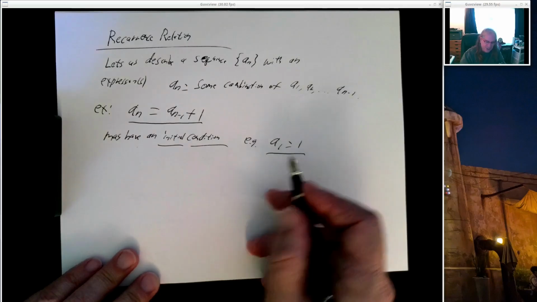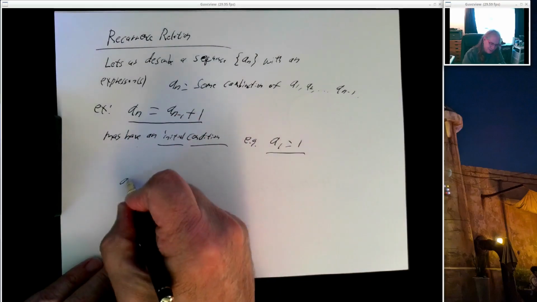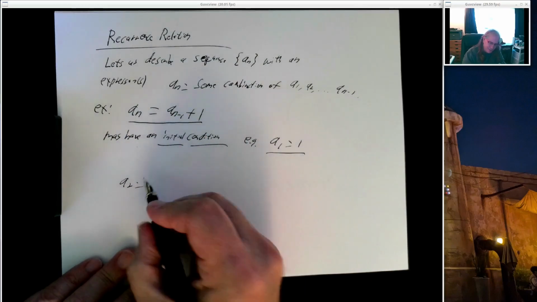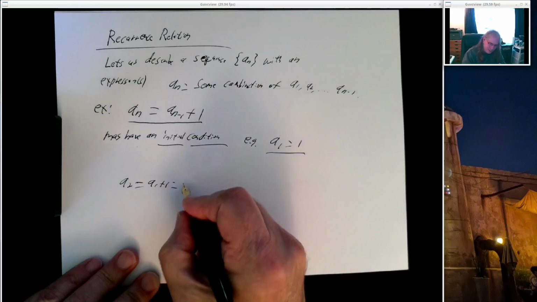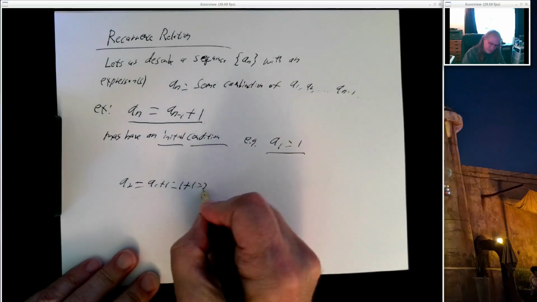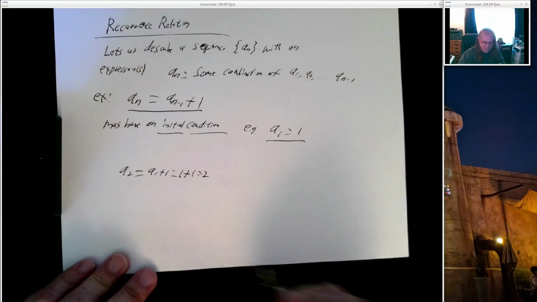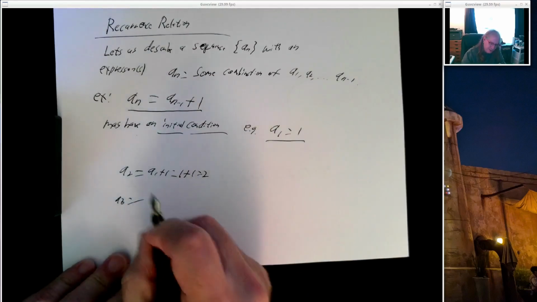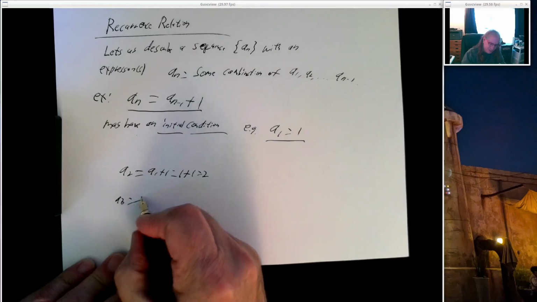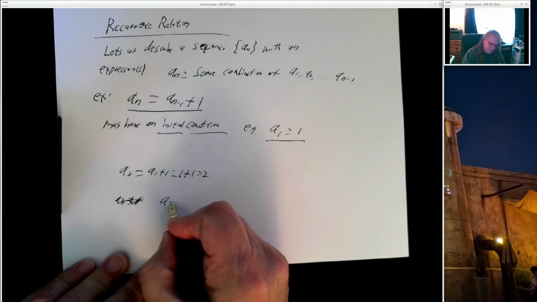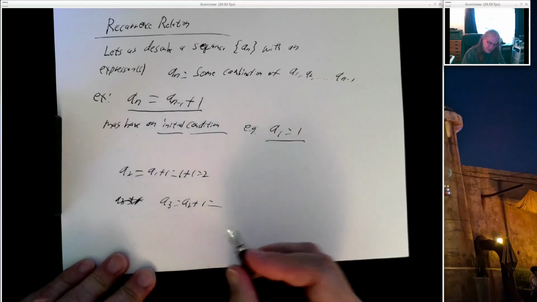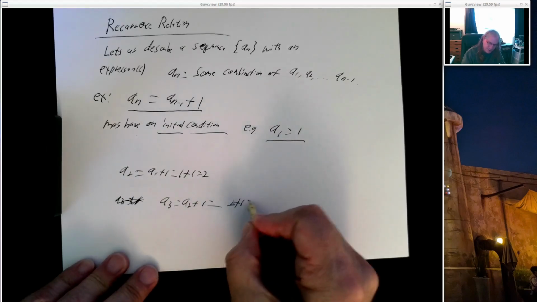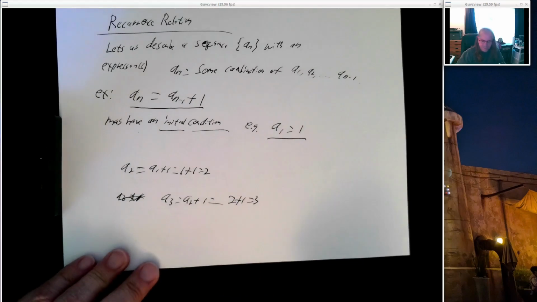Right? Since a1 is 1, this relation up here tells me a2 is equal to a1 plus 1. And I know a1 is 1, so this is 1 plus 1. So a2 is equal to 2. And a3, according to this relationship, is equal to a2 plus 1. And I just found a2 is equal to 2, so this is equal to 2 plus 1, which is 3.